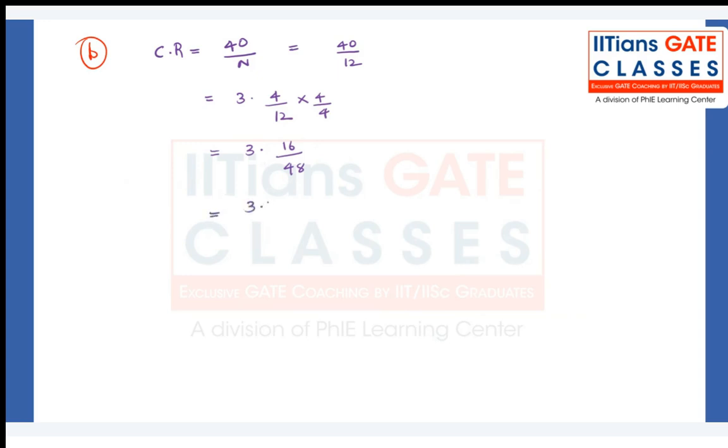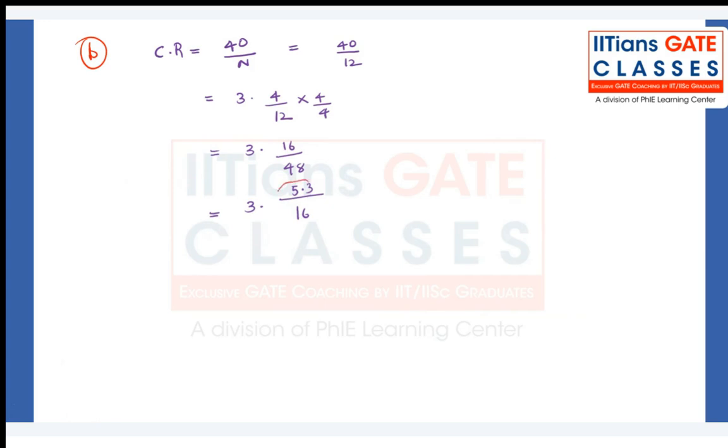So 3 into, divided by 3, right? Now if I divide with a 3, then I'm going to get 16 here. So 5.3. In a 16 hole circle, 3 full rotations and 5.3 holes. 5.3 holes are not possible.